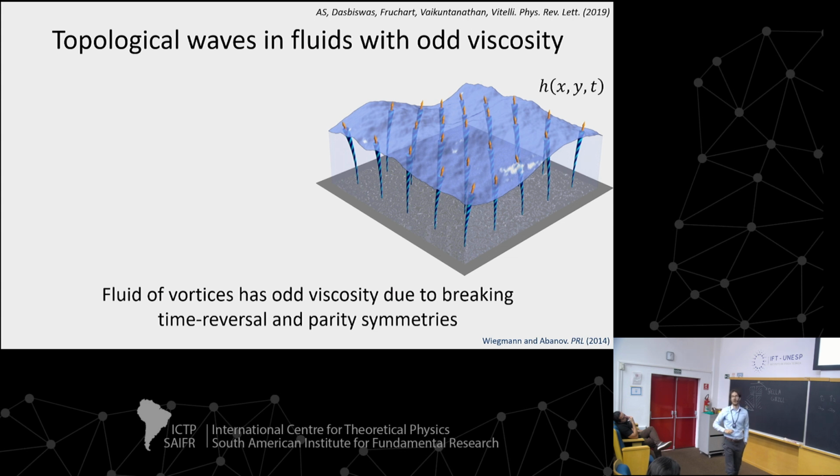For the rest of this topological fluids section, what I wanted to tell you about is a completely different kind of topology that comes in, and it's relevant to a question I had earlier, which is, is there a relation to topological insulators?